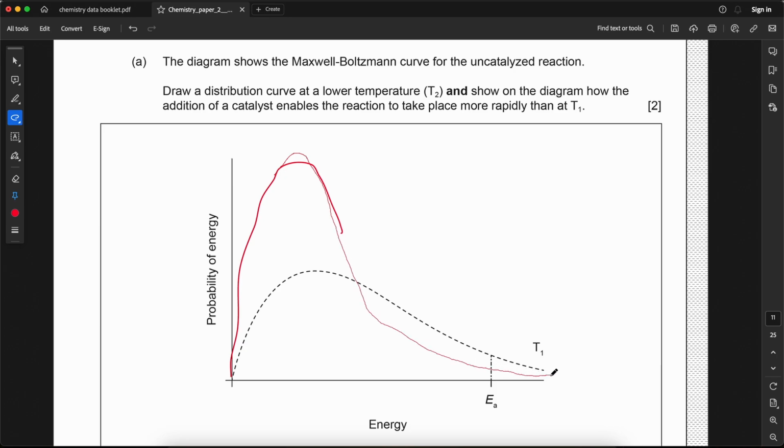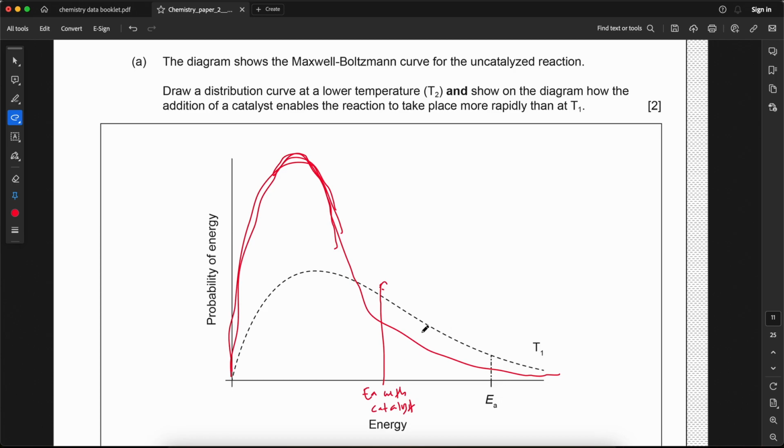Please don't touch the x-axis. So you can just make it nice, like a peak. Then this part will be Ea with catalyst, and this one without catalyst.